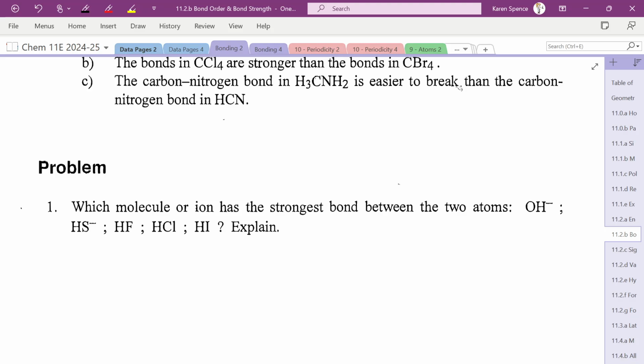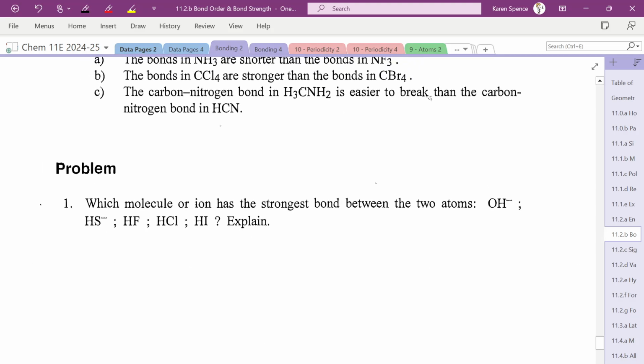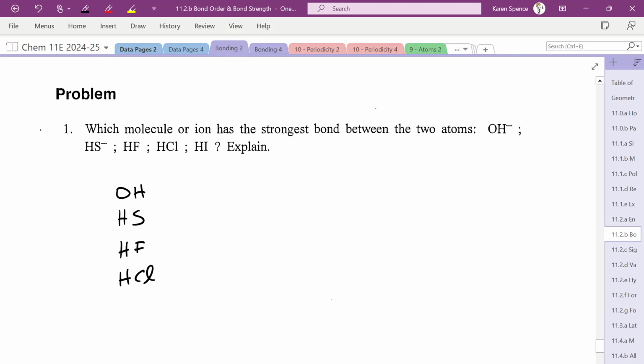Which molecule has the strongest bond between the 2 atoms? OH, HS, HF, HCl, HI. Who can we get rid of immediately? HI. Why?